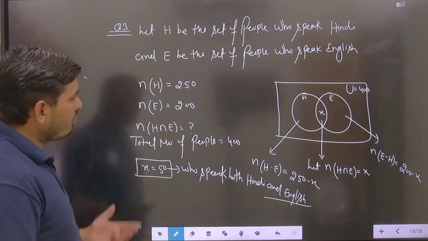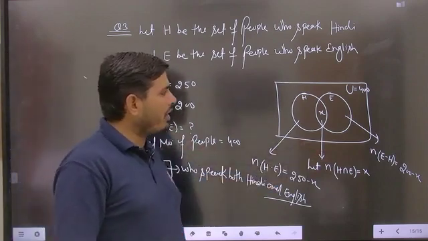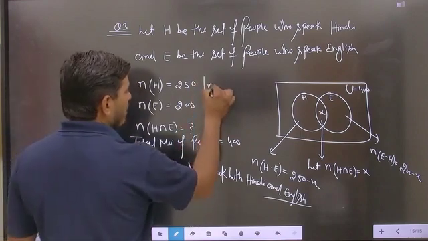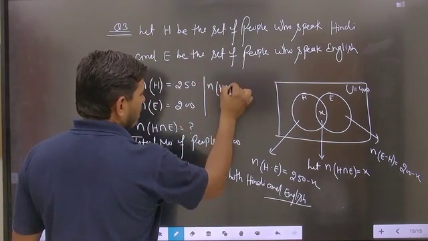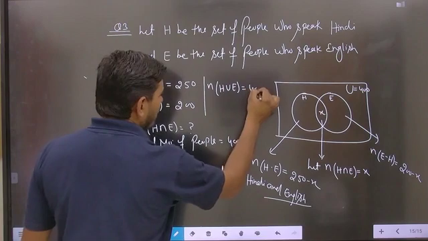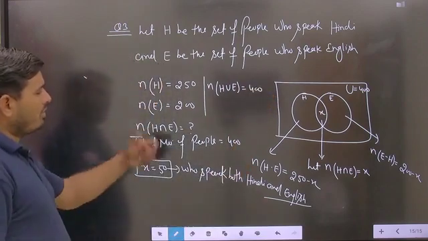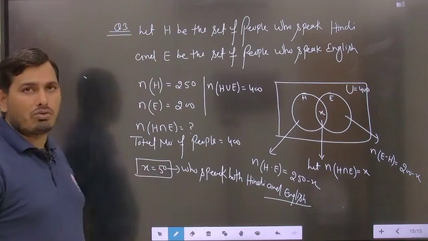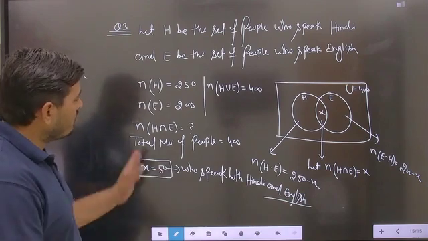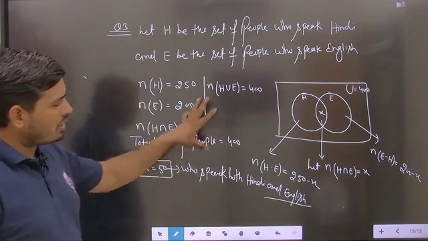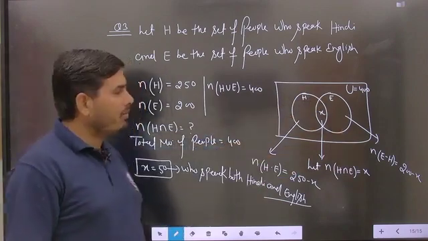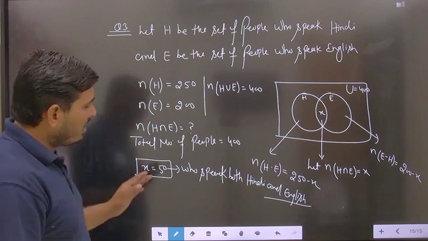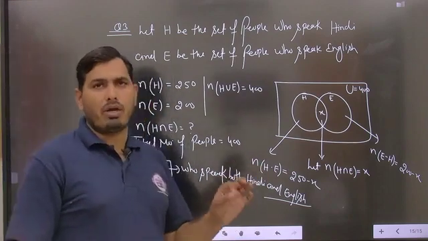In the formula, n of H union E equals 400. Then after you calculate, the value of x is automatically 50. So you can use the formula, otherwise you can understand the meaning with the help of the Venn diagram.